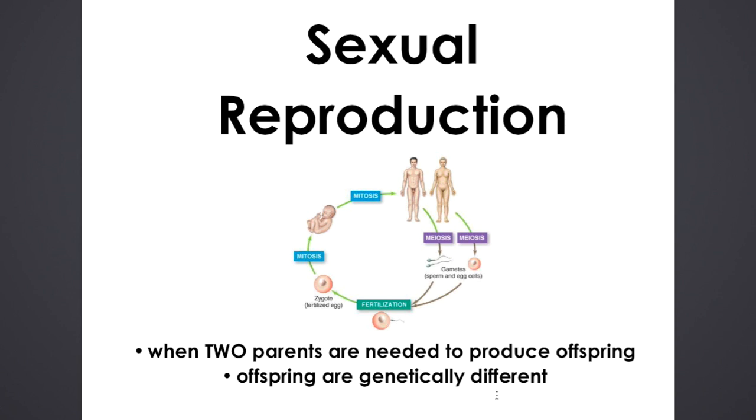We will talk more about the different kinds of reproduction, but for right now, know that reproduction means to reproduce or to make more. In the case of people, reproduction means to have babies.